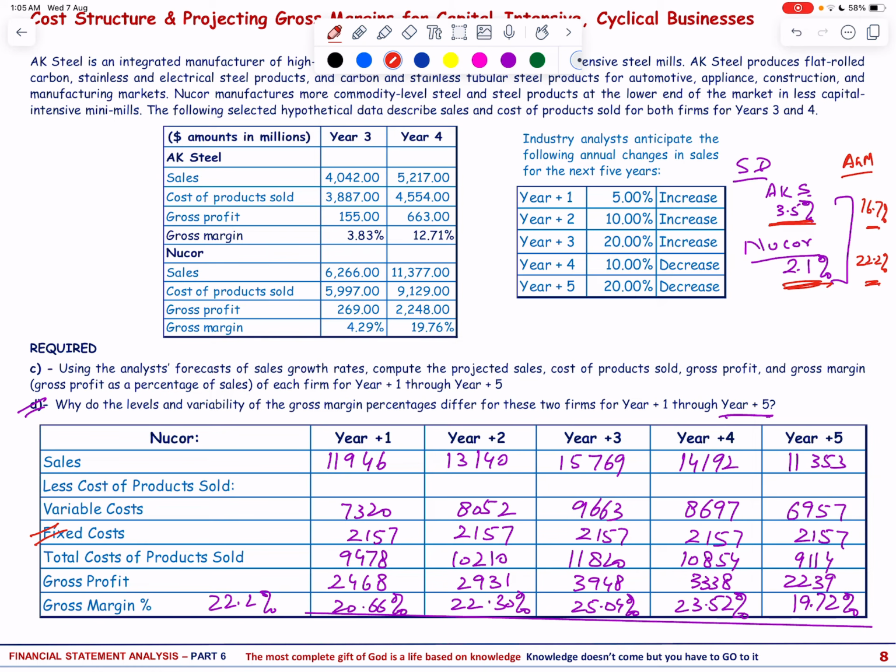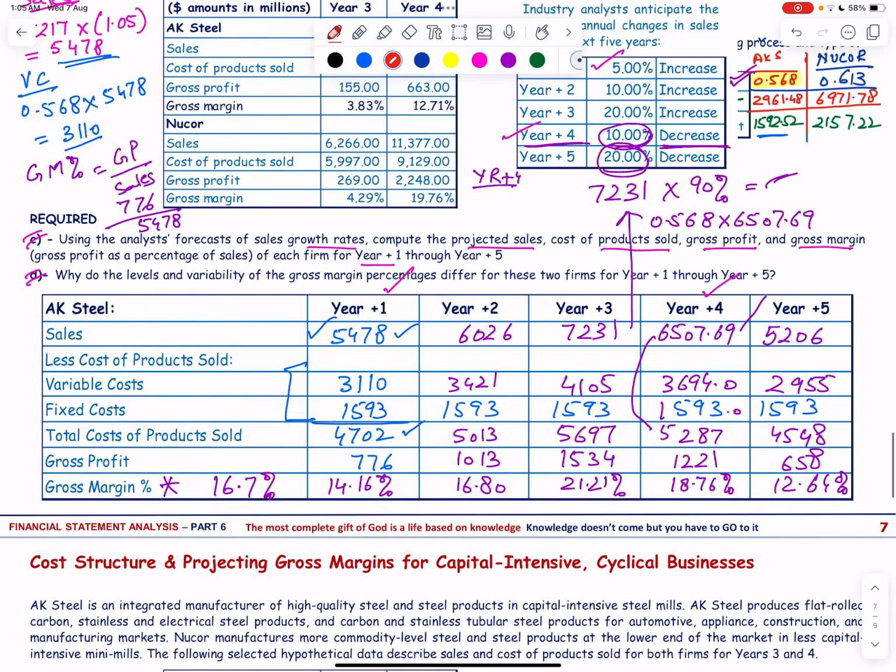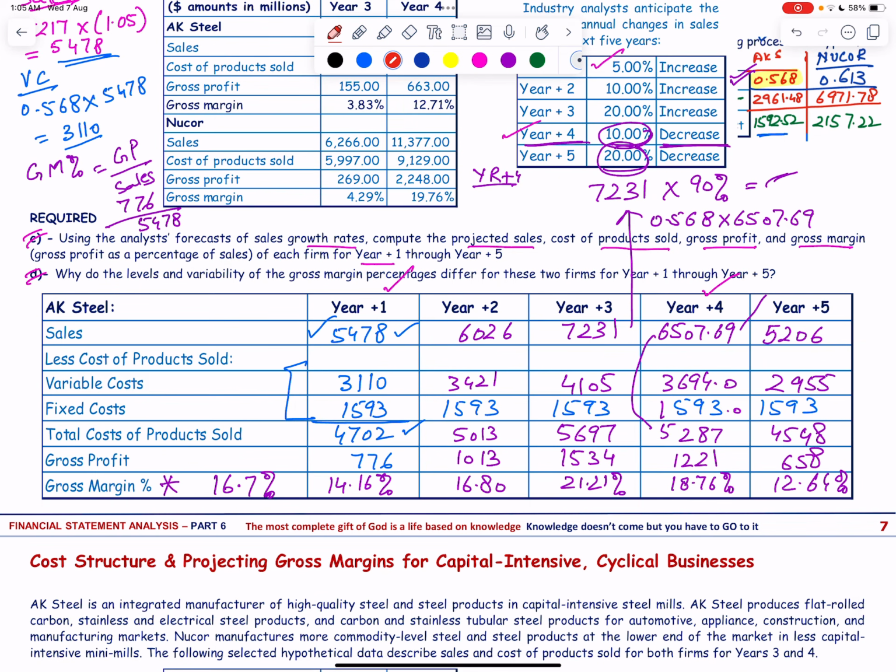AK Steel faces greater diseconomies of scale as sales decrease. You can see over here, when the sales fall, the same fixed costs are spread over fewer units, negatively impacting the gross margin.